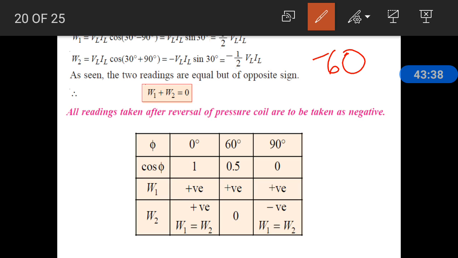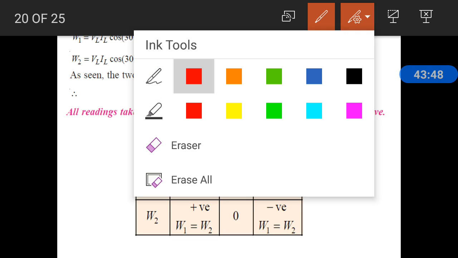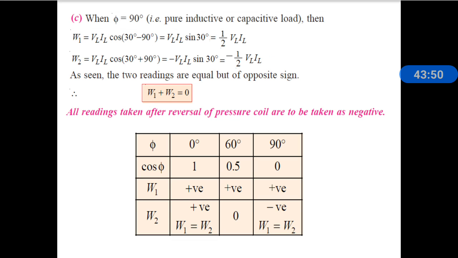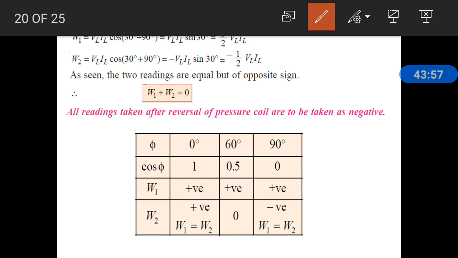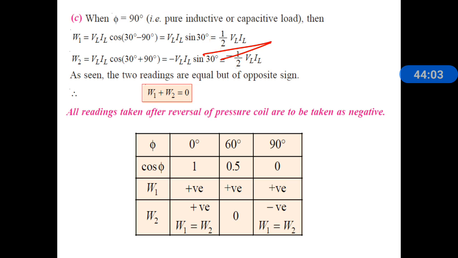So that cos(minus 60) we can replace with sin 30, clear. So sin 30 is 1 by 2. So W1 reads VL IL sin 30, that is 1 by 2 VL IL value.